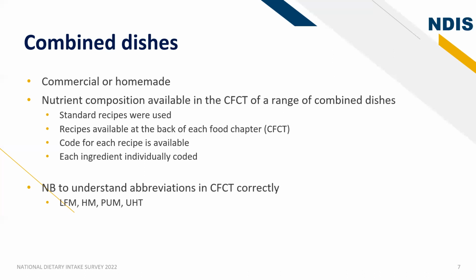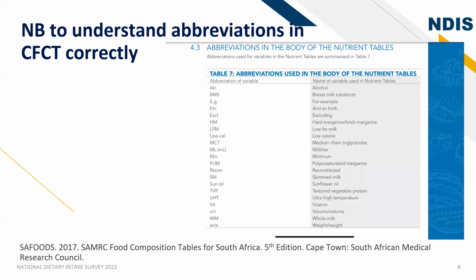And then it's also important to understand the abbreviations of the food composition tables. Let's look at the following slide. So you will find the following abbreviations in your food composition tables. And in the beginning, the first pages of the food composition tables contain the abbreviations.